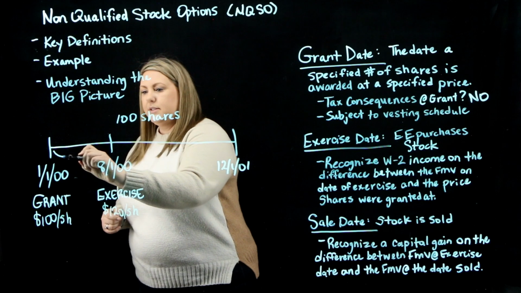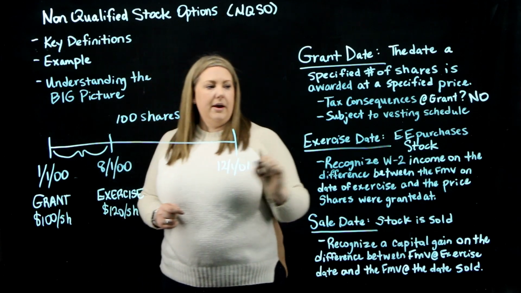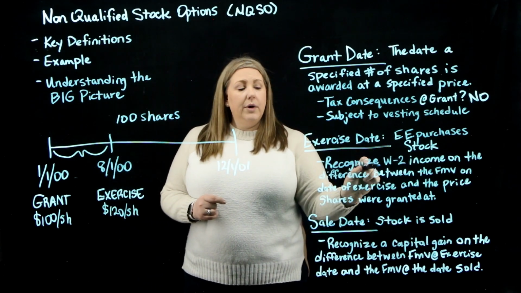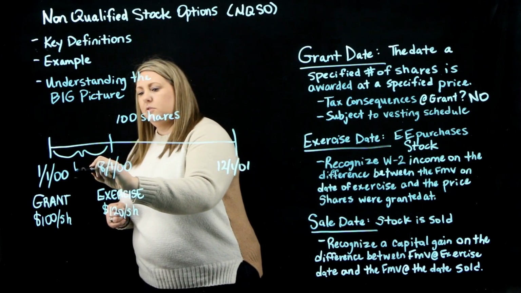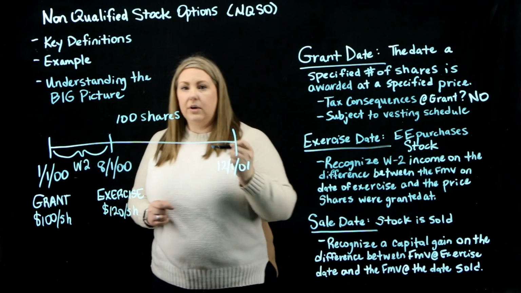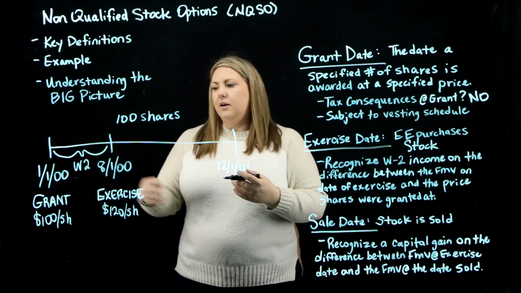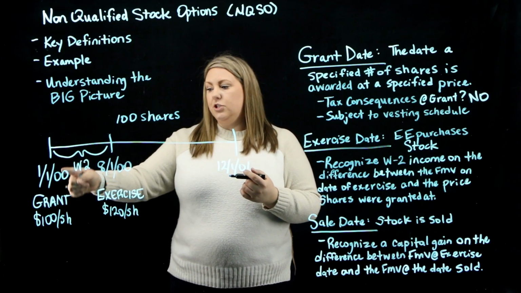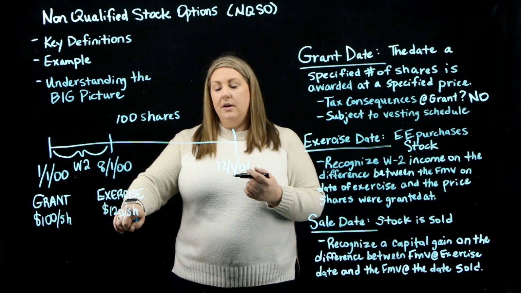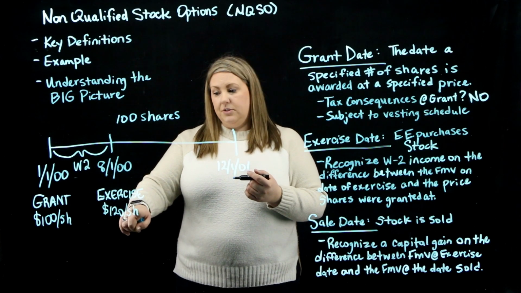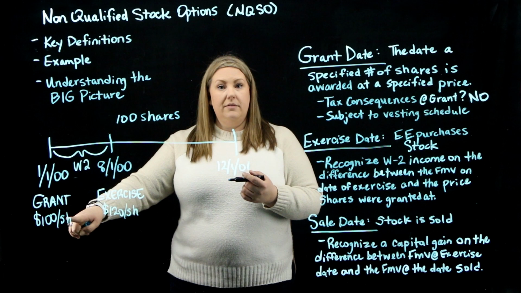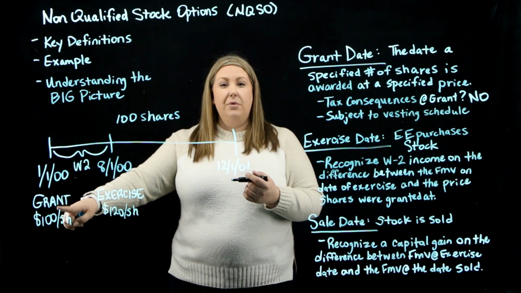Now, between this date, if we look back at our definition here, we're going to recognize W-2 income. So just like you get with your pay, your salary, you get a W-2 every year, and it's going to show the difference from 120, the fair market value on the date of exercise, minus the fair market value or the grant price that they gave you.